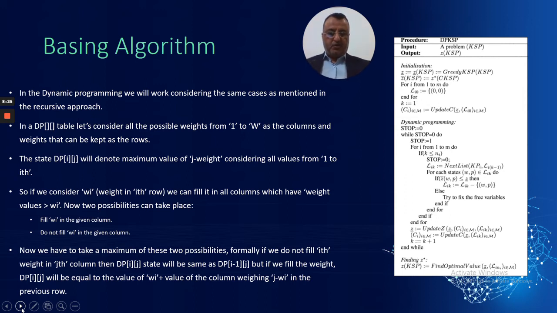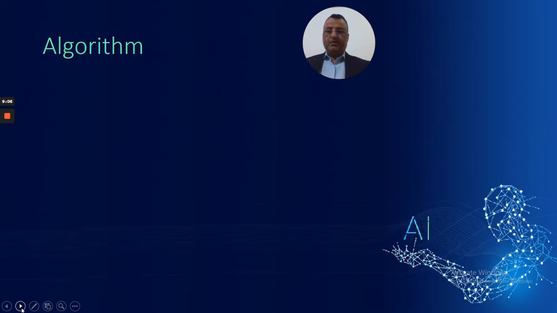Formally, if we do not fill wi in column j, then state dp[i][j] will be the same as dp[i-1][j], but if we fill the weight, dp[i][j] will be equal to the value of wi plus the value of the column j minus wi in the previous row.